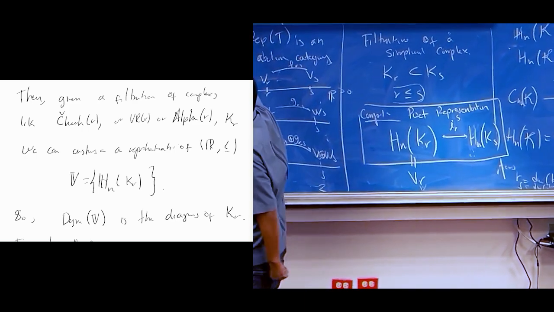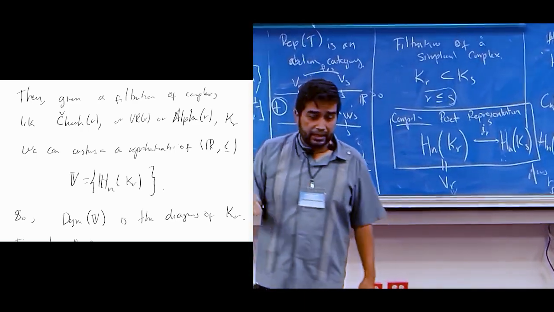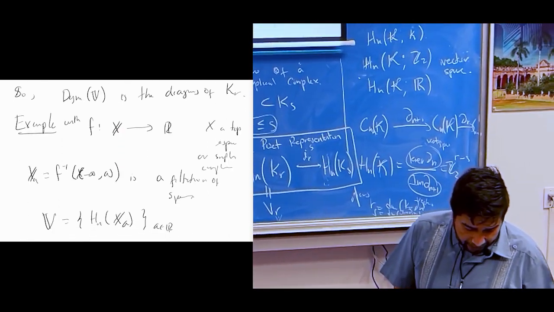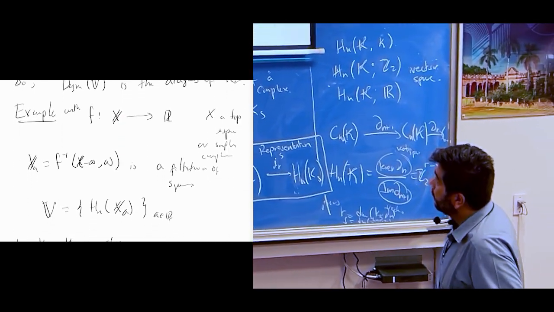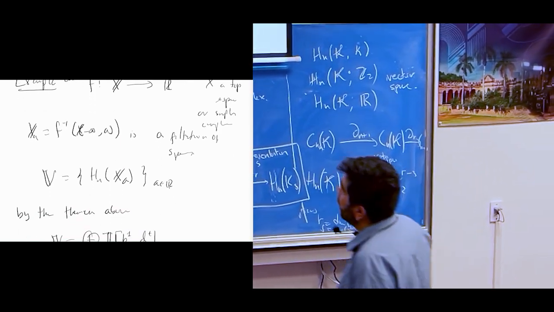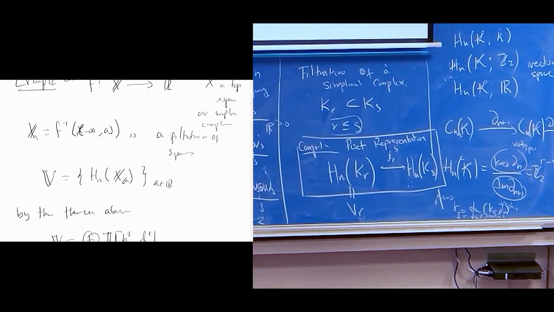Then we can associate to that filtration a diagram, the persistence diagram of K_R. Another thing is that these filtrations can also be understood as preimages of functions from X to R.